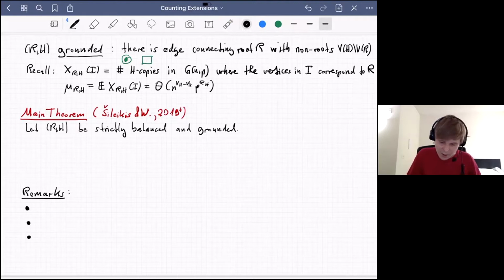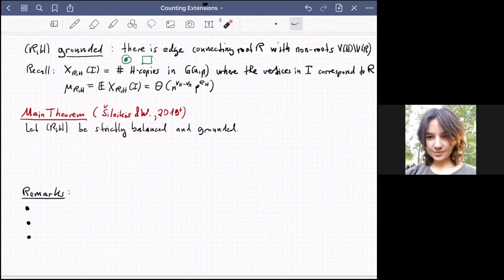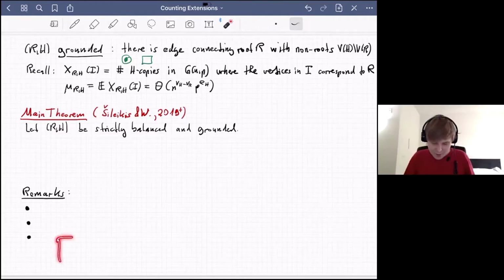So our result says strictly balanced. The ungrounded case, how can we imagine it? The answer is that in this special case for strictly balanced graphs, the ungrounded case is basically just counting copies of the thing that's outside. The intuition is that we're counting these structures, a vertex plus in this case the C4, but intuitively there will not be too many copies of C4 sitting on one vertex.